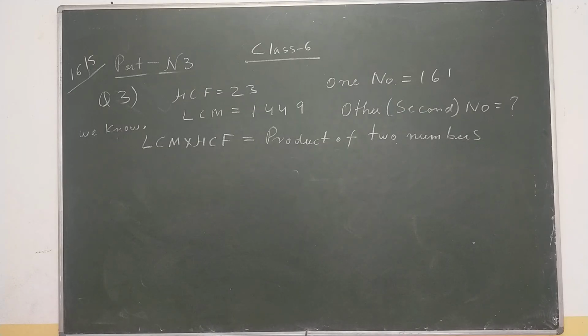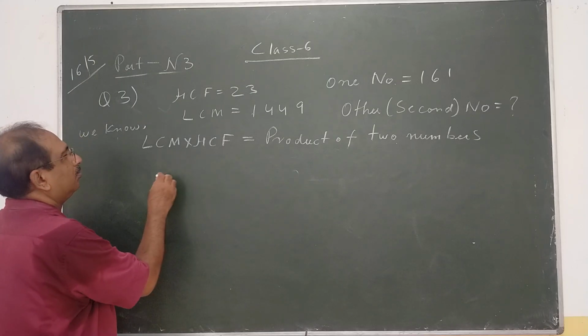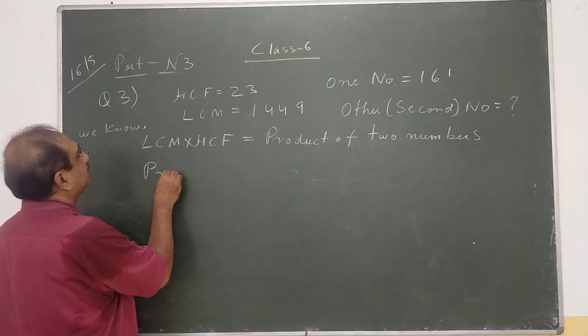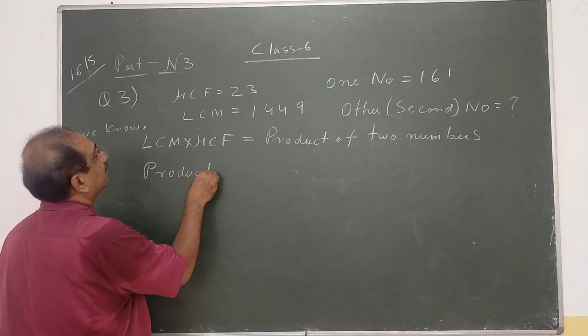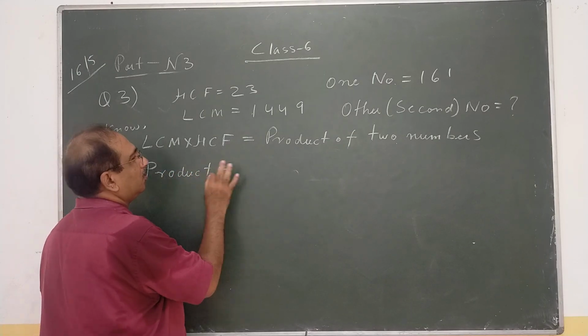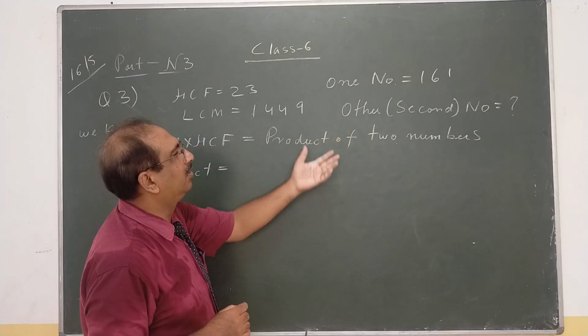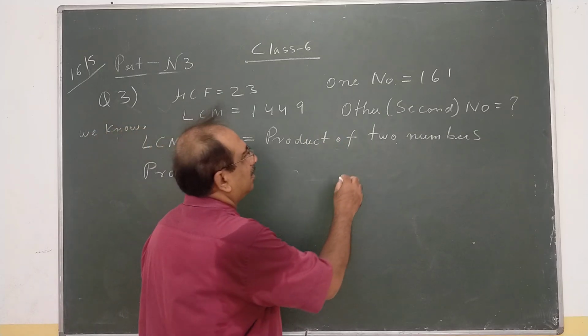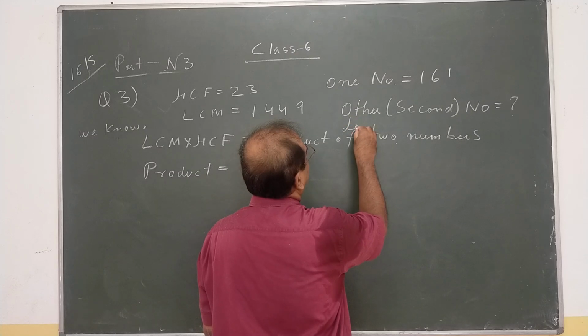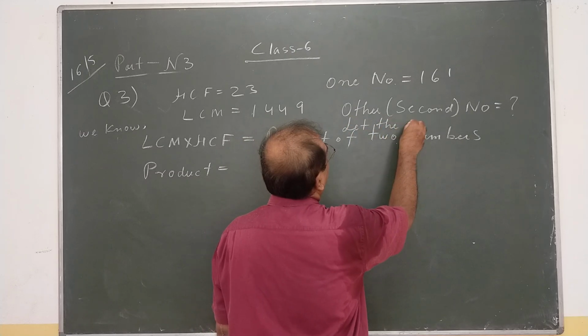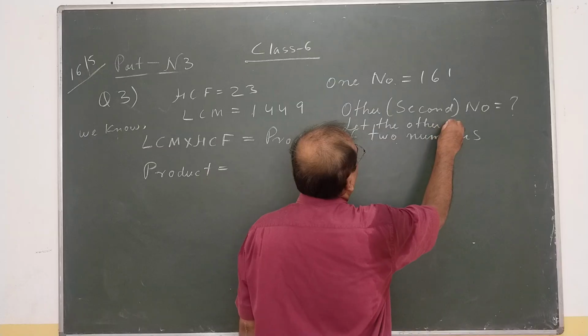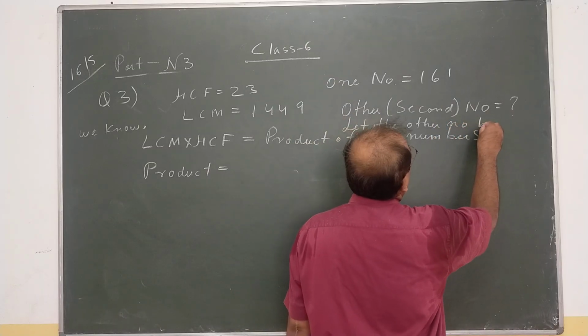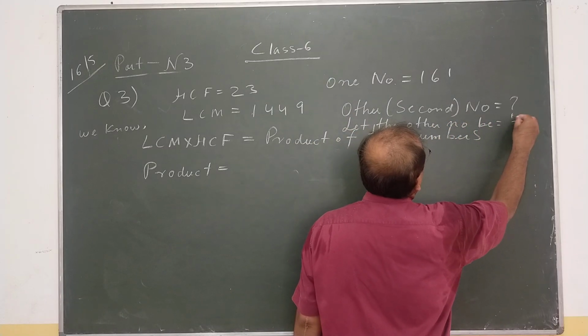We have this formula. So product of two numbers, I just interchanged, children. Why? Because generally what is unknown is the other number. Let the other number be x.